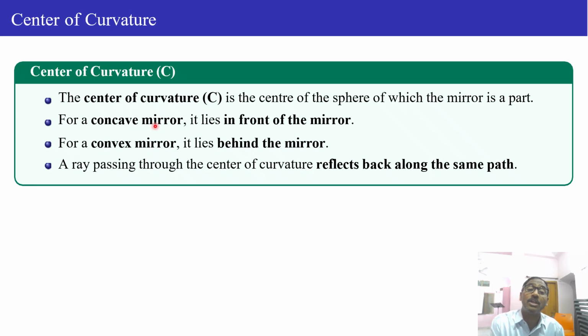For a concave mirror, where is the center of curvature? In front of the mirror. For a convex mirror, it lies behind the mirror. A ray passing through the center of curvature reflects back along the same path.